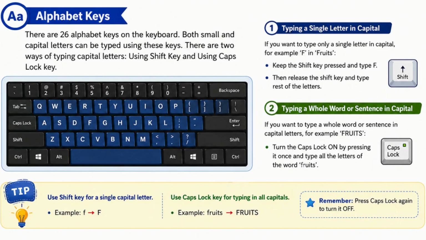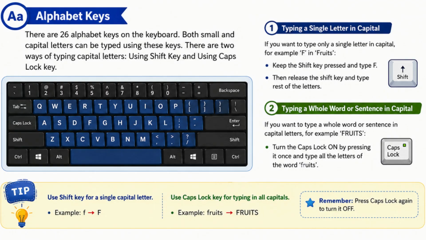Now if you are going to press Shift key, you will have to keep it pressed and then press some alphabet key to make the letter capital. And if you are using caps lock, once you press it and then type the alphabets, they are going to come in capital letters. So the first point I have shown on the screen says typing a single letter in capital.